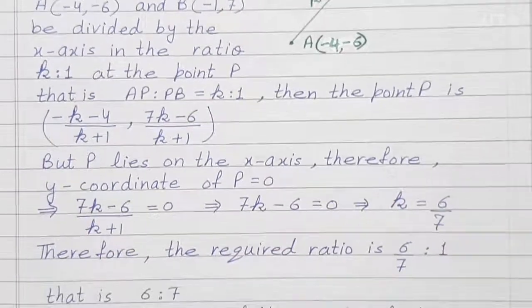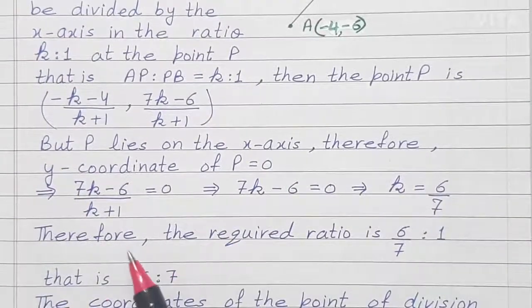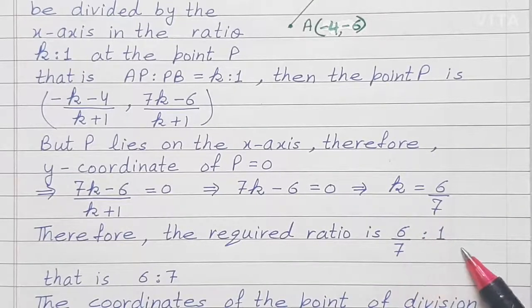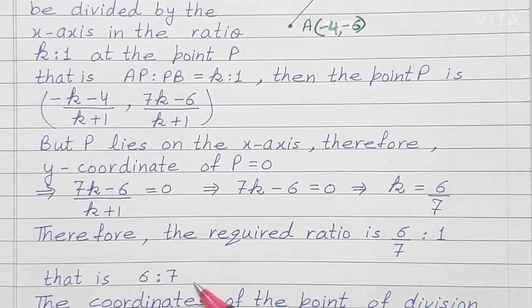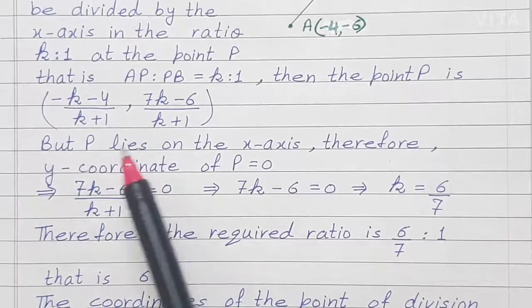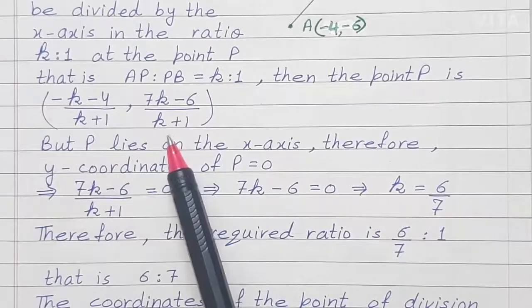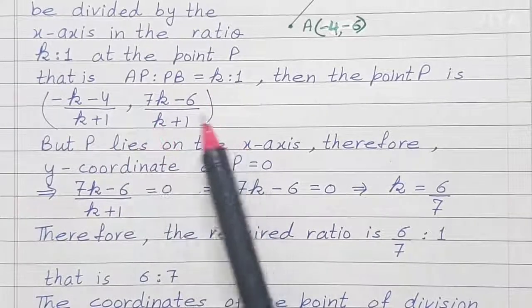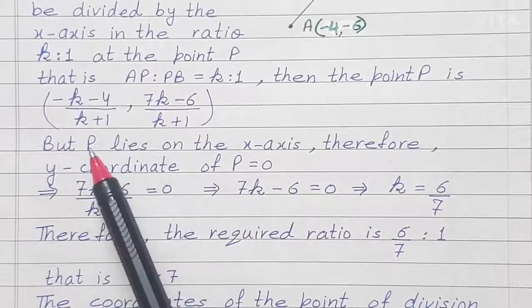So that means the required ratio is 6 upon 7 ratio 1, that is 6:7. Clear? Now let us find the coordinates of P. How to find? Let's substitute the value in any one coordinate here. We know that the y coordinate is already 0. So let us put the value in x coordinate.